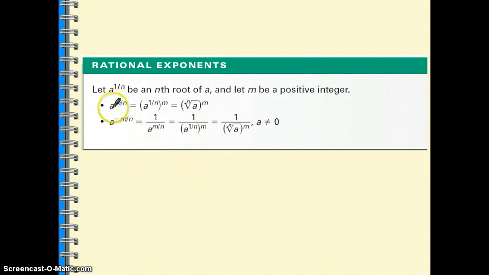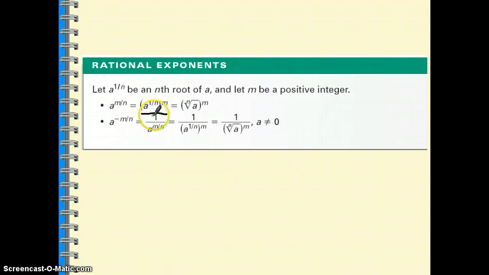If we have a raised to the power of m divided by n, assuming that both m and n are positive integers, we can use a little algebra and split this up into a to the 1 over n, meaning the nth root of a, raised to the power of m. So we can do these two separate exponents separately.